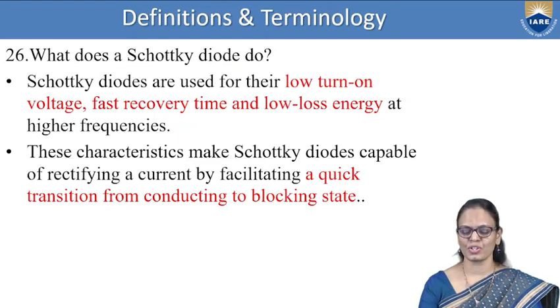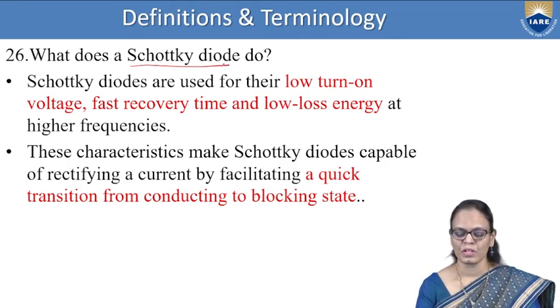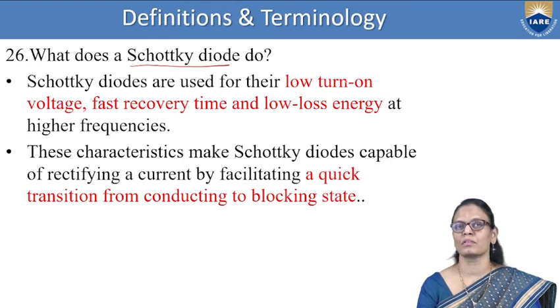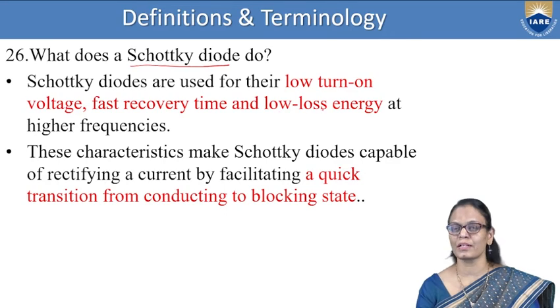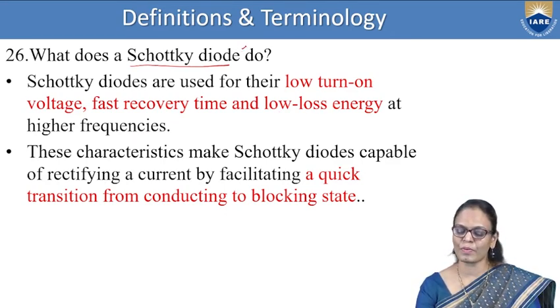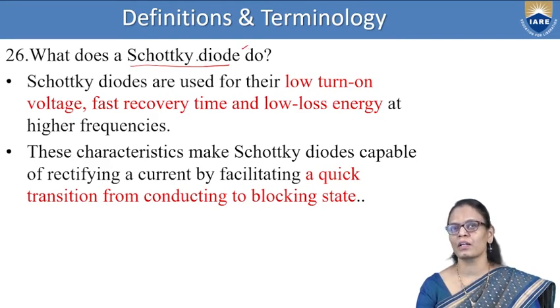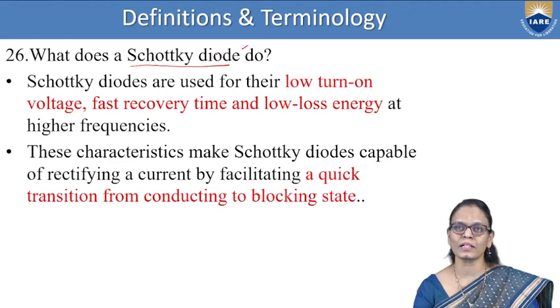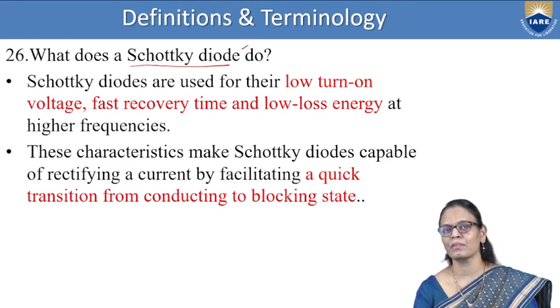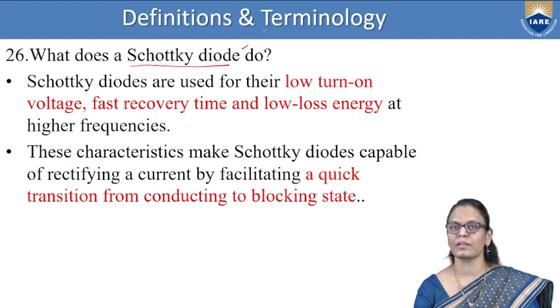Now, what does a Schottky diode do? What is a Schottky diode? Schottky diodes are used for their low turn-on voltage, fast recovery time and low energy loss at higher frequencies. Actually, what is the difference between an ordinary diode and a Schottky diode? Here we take a semiconductor material and a metal which form a junction. Then we call it a Schottky diode.